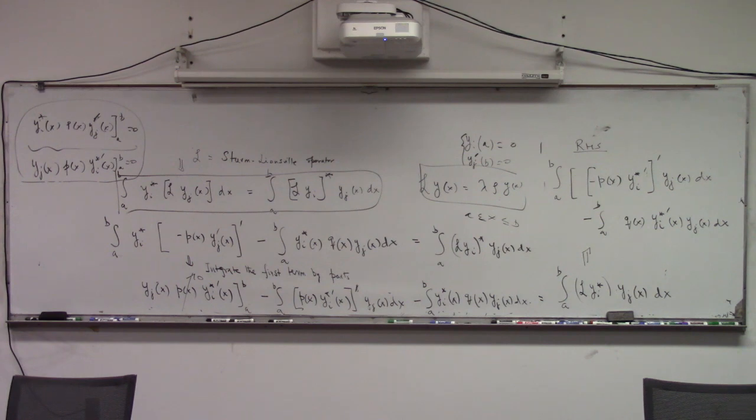All it says is that either the solution itself vanishes at both boundaries, or one of the solutions can vanish at the boundary and the derivative could also vanish at the boundary. That's all it says. There are various ways of satisfying it. Even p(A) and p(B) could be 0, even if y is not. That condition can also be satisfied if there is an equation for which this is satisfied, and L could be Hermitian.